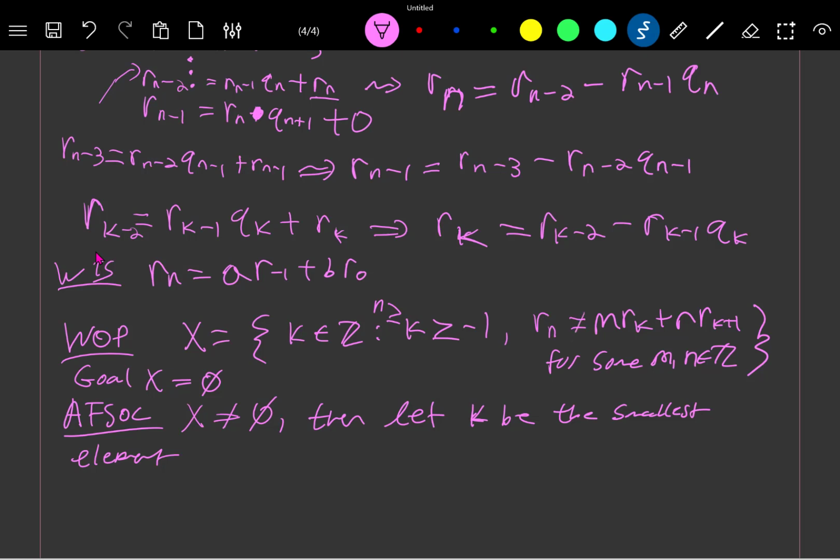Oh, I should do not equal to here. Because if X is the empty set, then every R sub n is equal to m R sub k plus n R sub k plus 1.